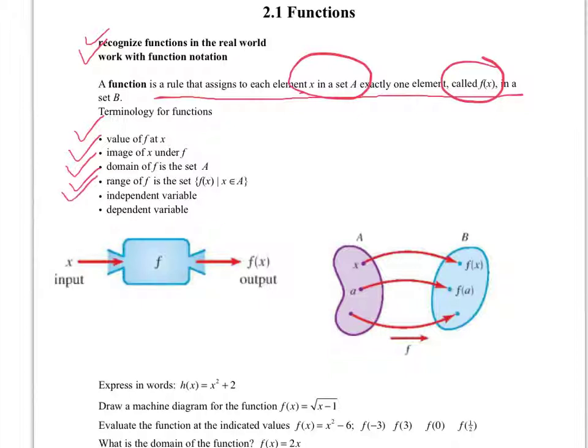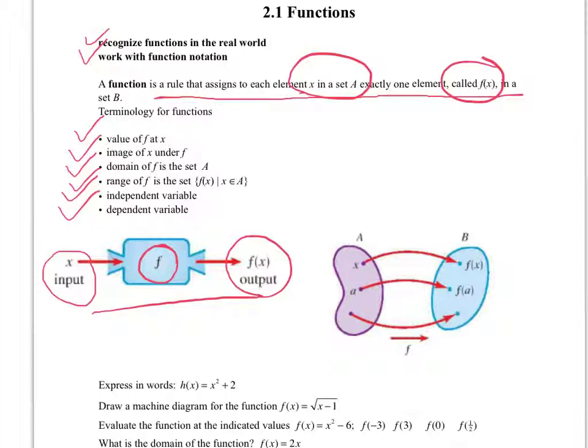X is sometimes called the independent variable, and f of x, or y, is the dependent variable because its value depends on the value of x. So we think of x as being an input and f of x as being an output, and the function f is the thing that converts the input to an output.